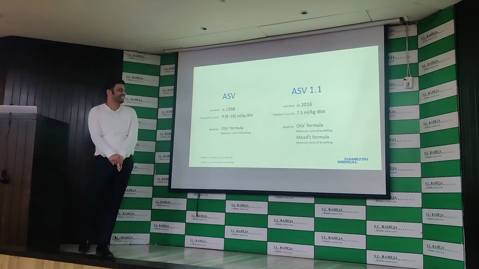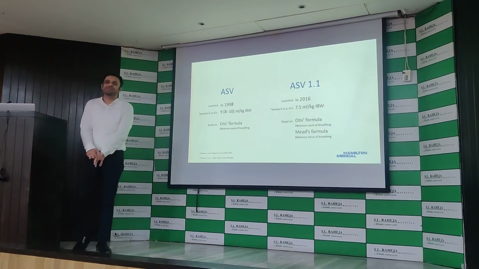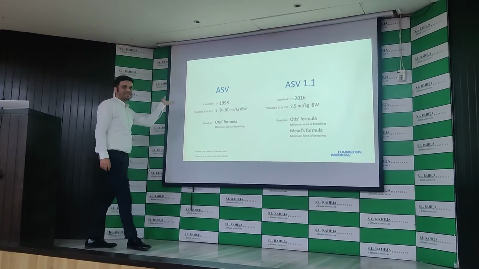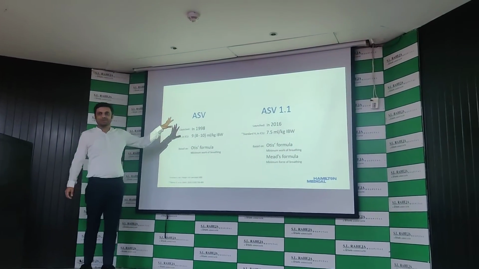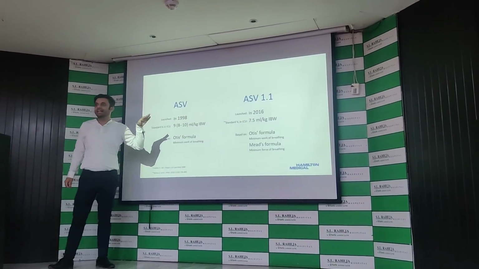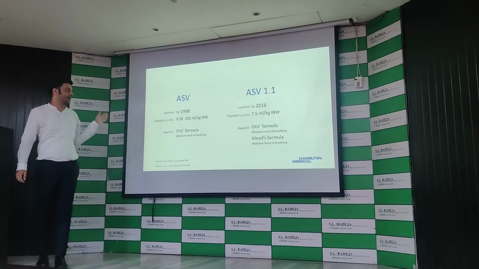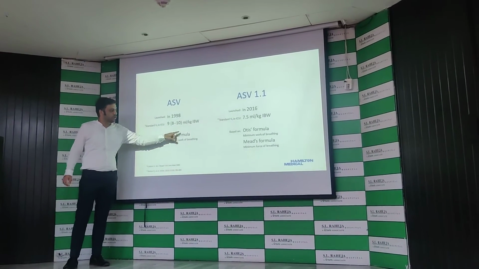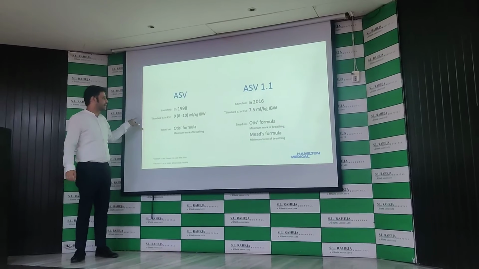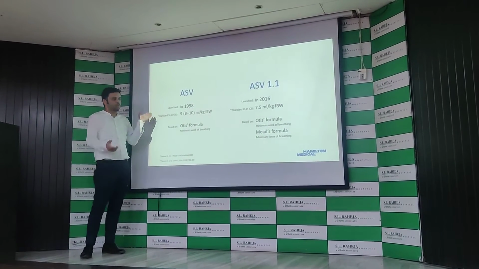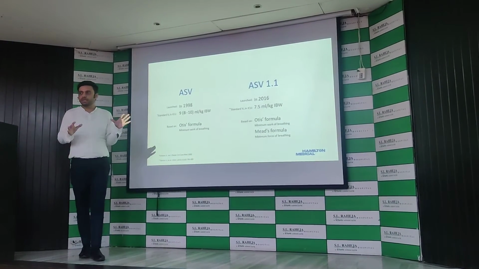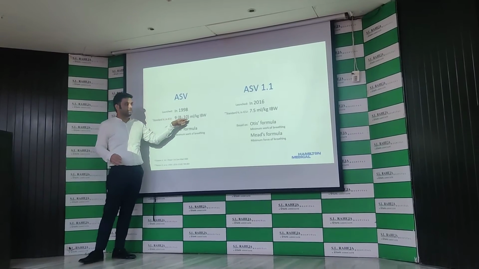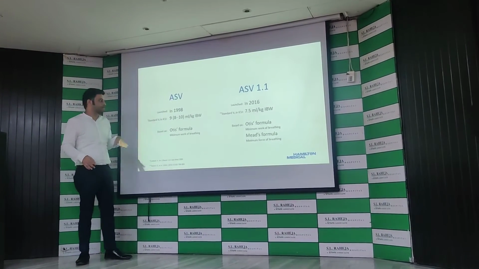You understand? Yeah. So then again, it comes to ASV. So ASV has been there since very long. Exactly, it launched in 1998. At that time it used to work only on the Otis formula. And the standard volume in the ICU which the algorithm used to set is between 8 to 10 ml per kg, or almost 9 ml per kg.